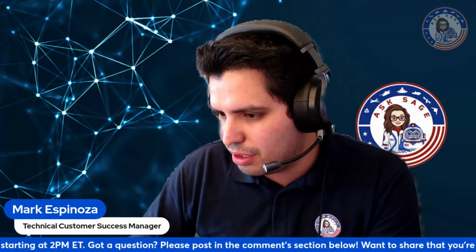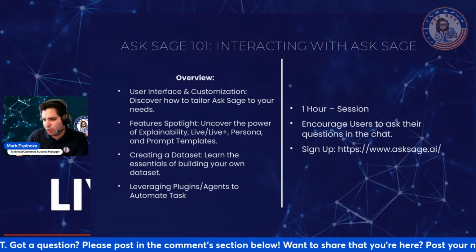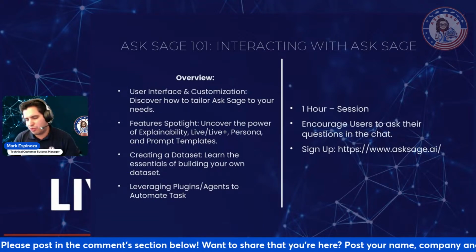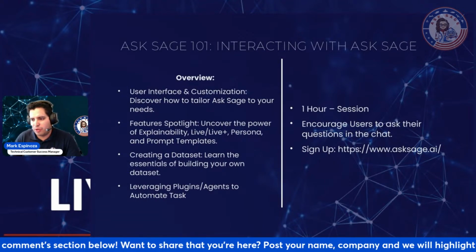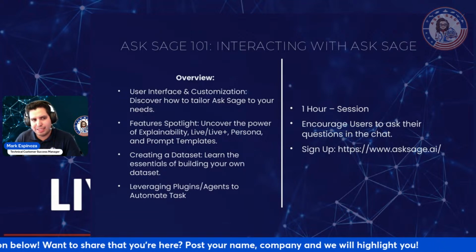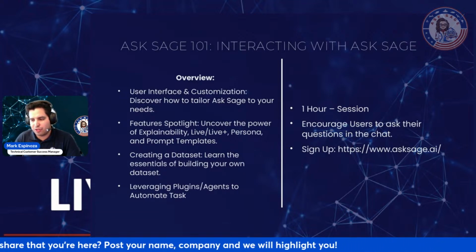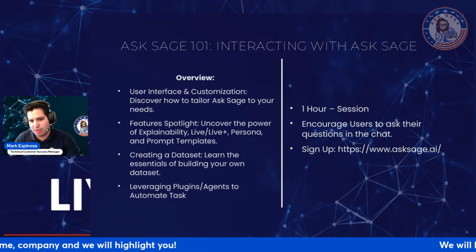Today, we'll be covering and going over the UI of Ask Sage, what we provide to our customers out of the box. But before we do that, I'm going to share something just to go over what we're going to cover. Quick overview: we're going to be covering the UI, how to tailor Ask Sage today for your use cases, and a Feature Spotlight, again all to do with our UI and what's out of the box.